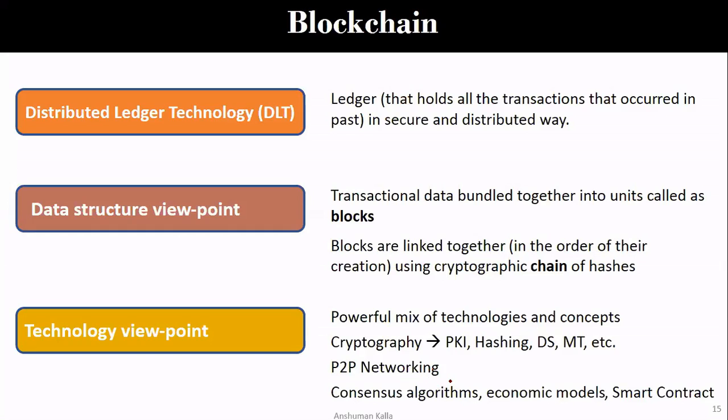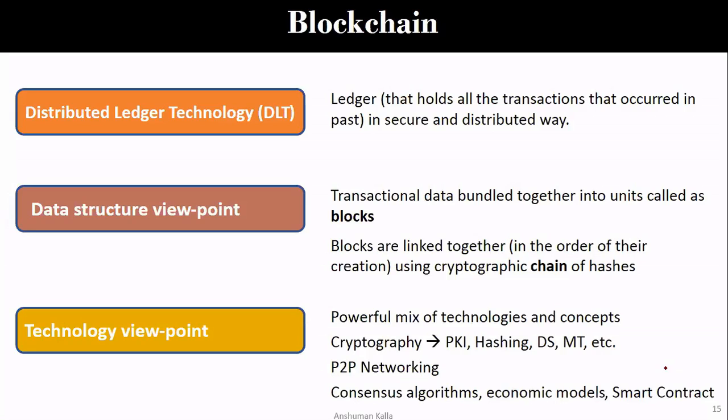That is how the nodes in this blockchain peer-to-peer network agree on the state of the blockchain, that means the state of this database. Also the economic models that drive this blockchain technology, as well as smart contracts, right?